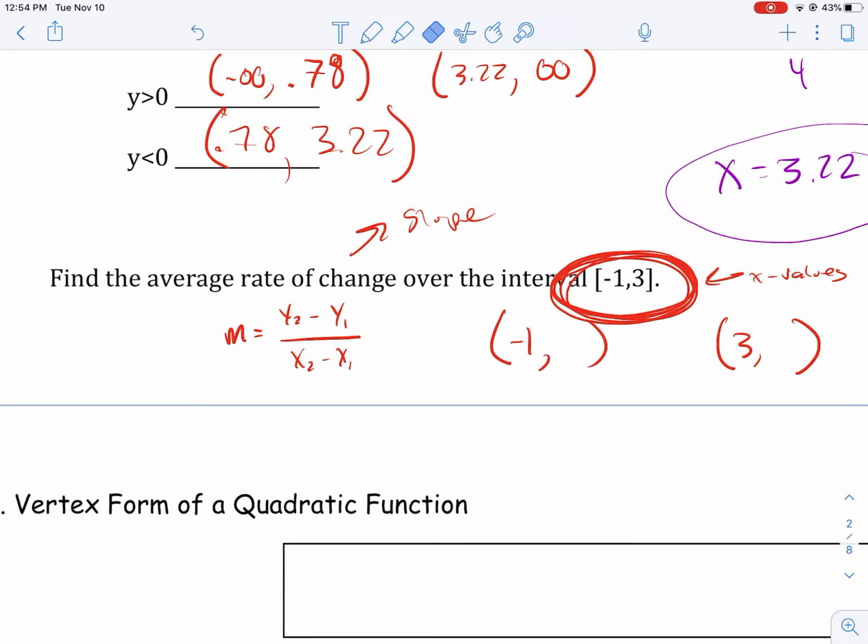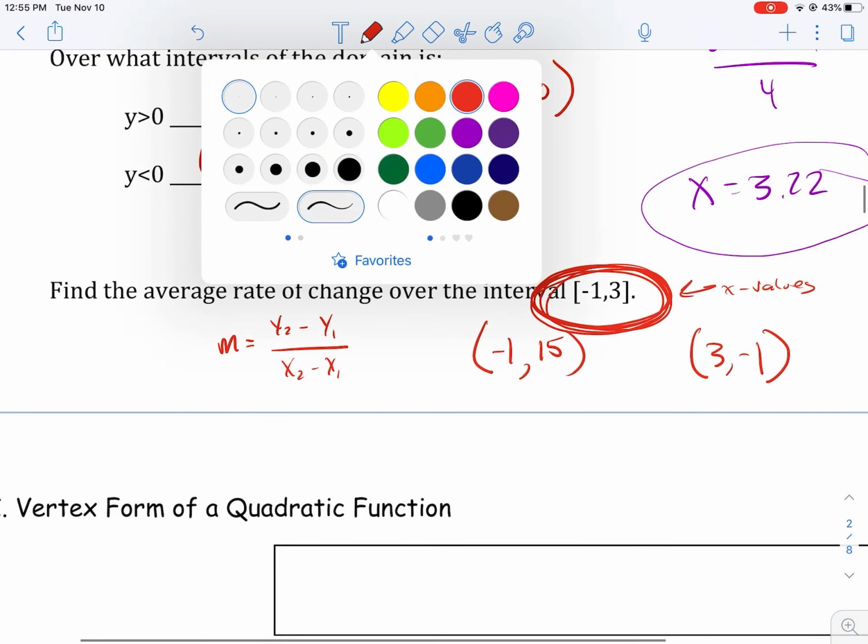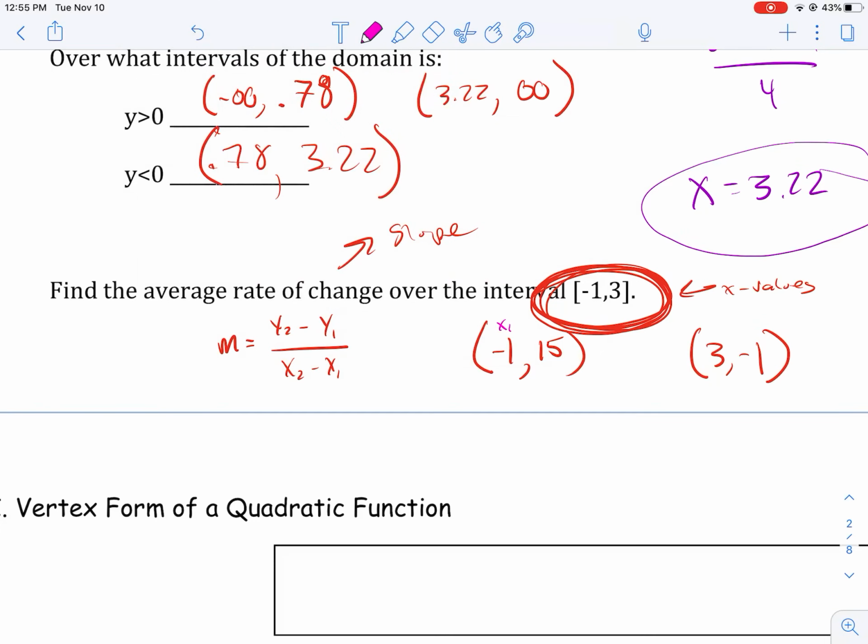By doing so, at -1 we get a positive 15, and when x is equal to 3, we get a -1. So to find the average rate of change, we use this formula: x1, y1, x2, y2.